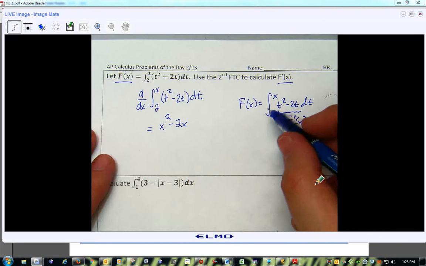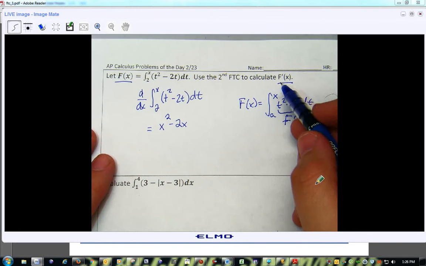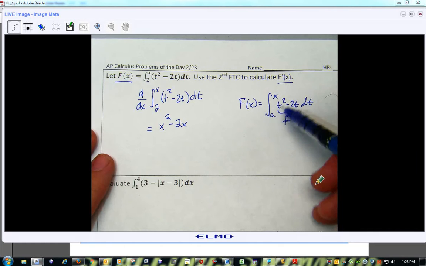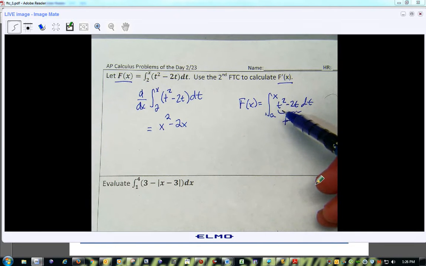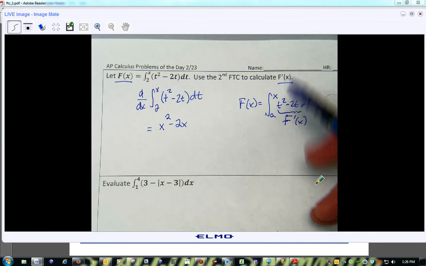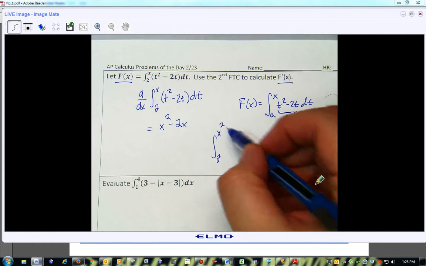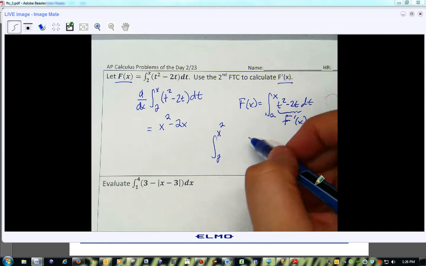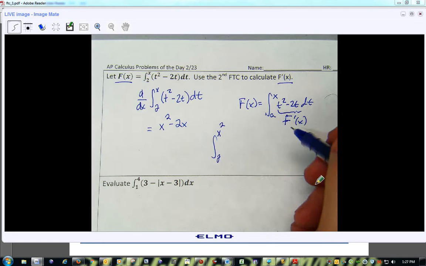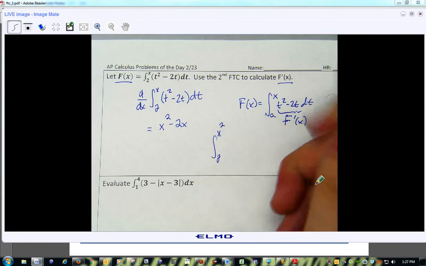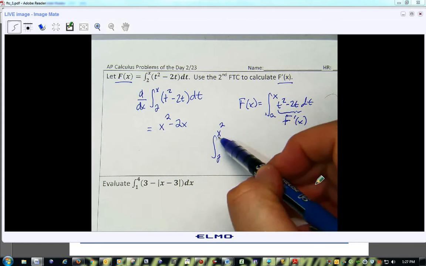So when we actually take the derivative of this, the derivative cancels out the integral, but then we have to replace it with the x's on there. Now, there would have been one case if it was something like from 2 to x squared. We would replace it with x squared, and then you'd have to multiply by the chain rule.